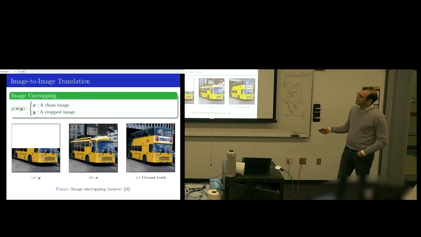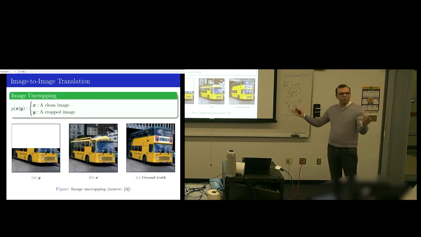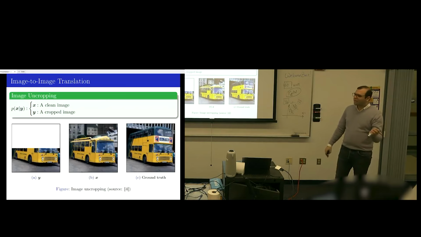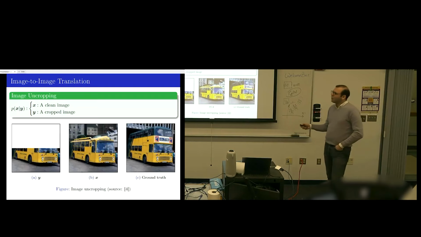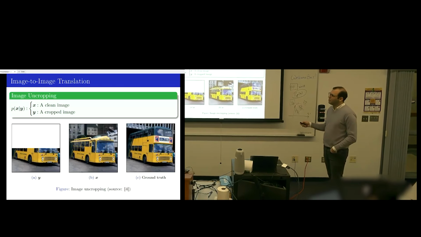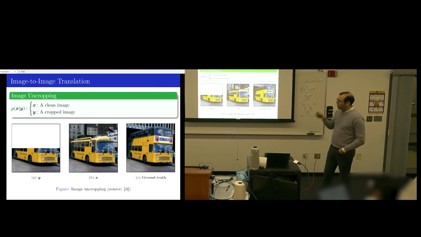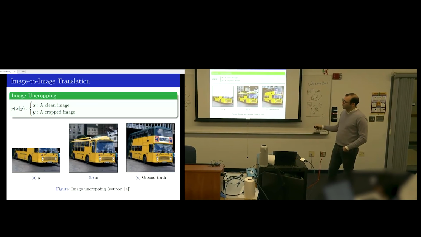Another task is image uncropping. You crop an image, and we want to uncrop the image. You put one part of the image, for example, you missed a part of the image and I want to uncrop it. Again, you want to model a distribution over a high-dimensional random variable x, which is an RGB image. You can see that, for example, for this image, which is the input to your model, the model generates this output.